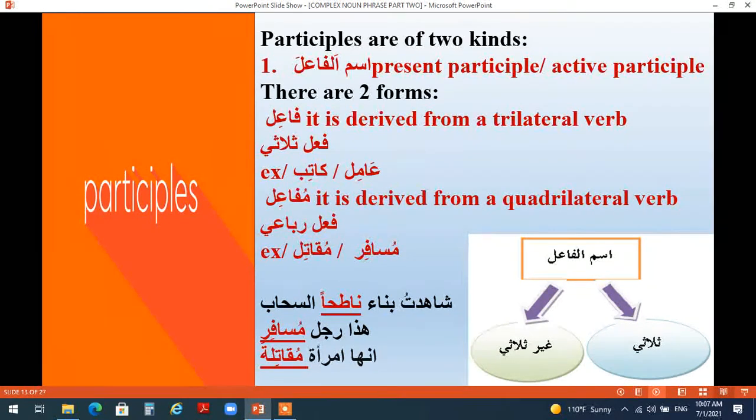It has been post modified by using the present participle ناطحا، لأن ناطح هو اسم فاعل على وزن فاعل. فإذا كلمة ناطحا is a present participle which has been used as a post modifier. هذا رجل مسافر. أيضا رجل, this is the head word which has been post modified by using the present participle مسافر. إنها امرأة مقاتلة. أيضا here امرأة is the head word which has been post modified by using the present participle مقاتلة.